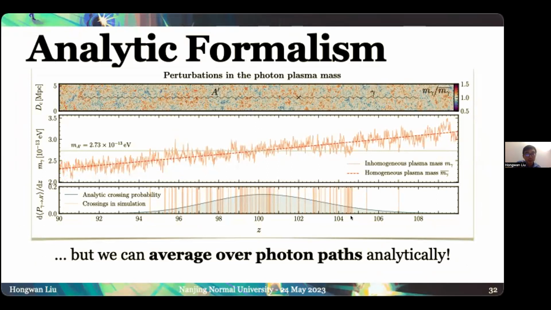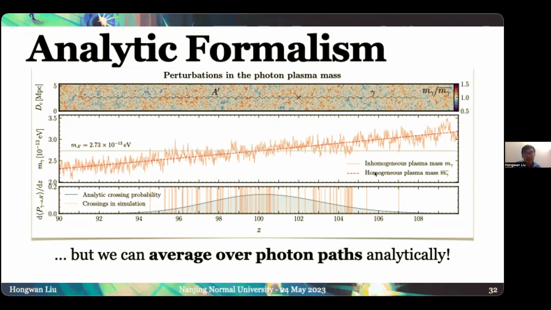So here I'm showing you at the bottom the differential probability of conversion from photons to dark photons as a function of redshift. And you can see here I've drawn a red line every time there is a crossing between the plasma mass and dark photon mass, where we would expect some amount of resonant conversion.